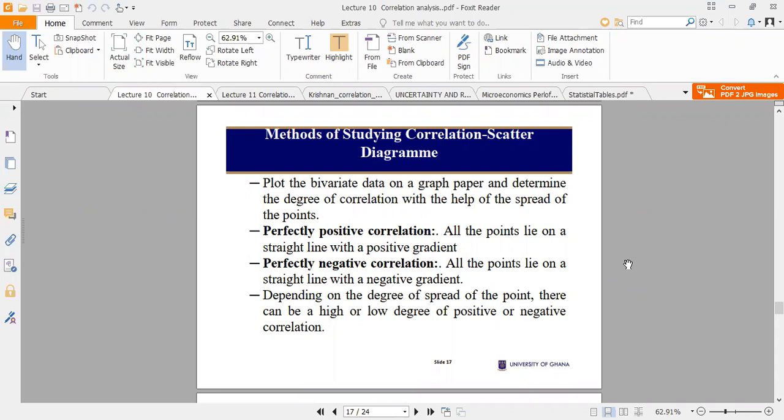But because you're able to draw a straight line through them, we say it's a perfect negative correlation.